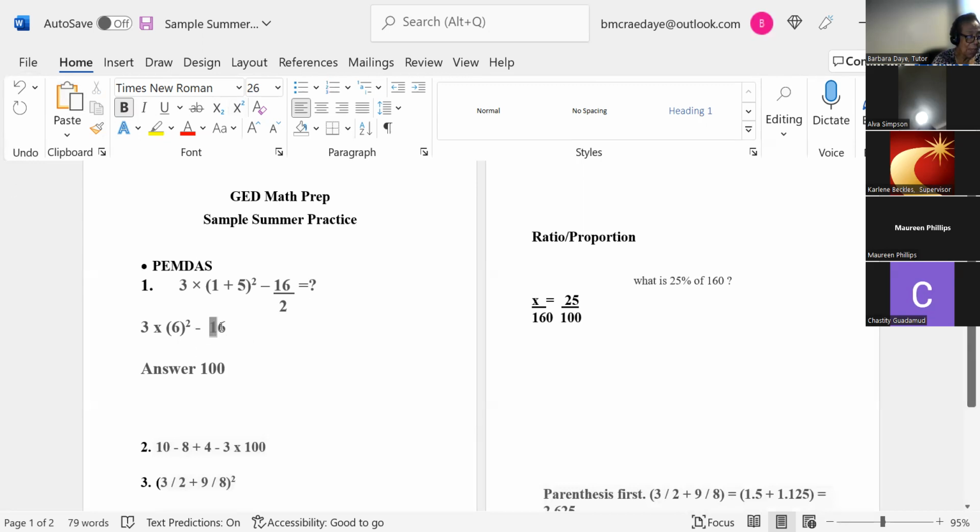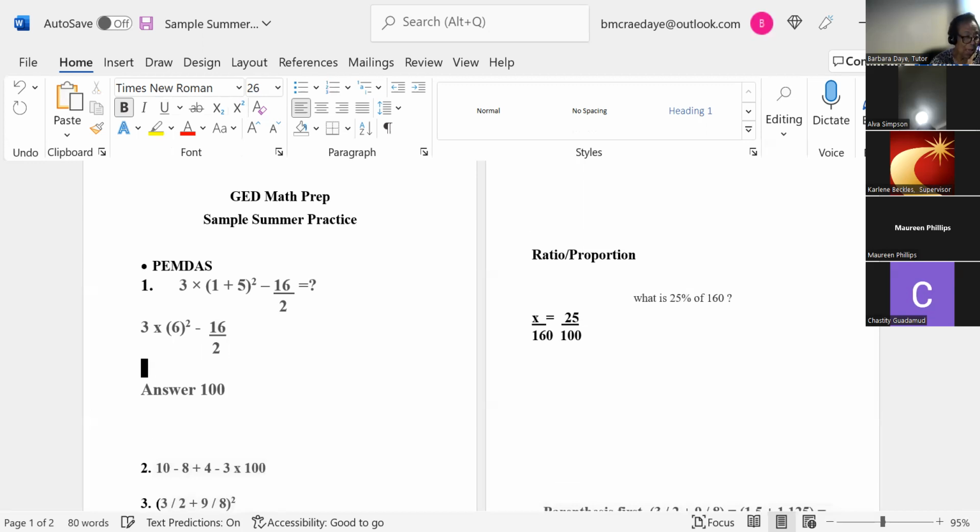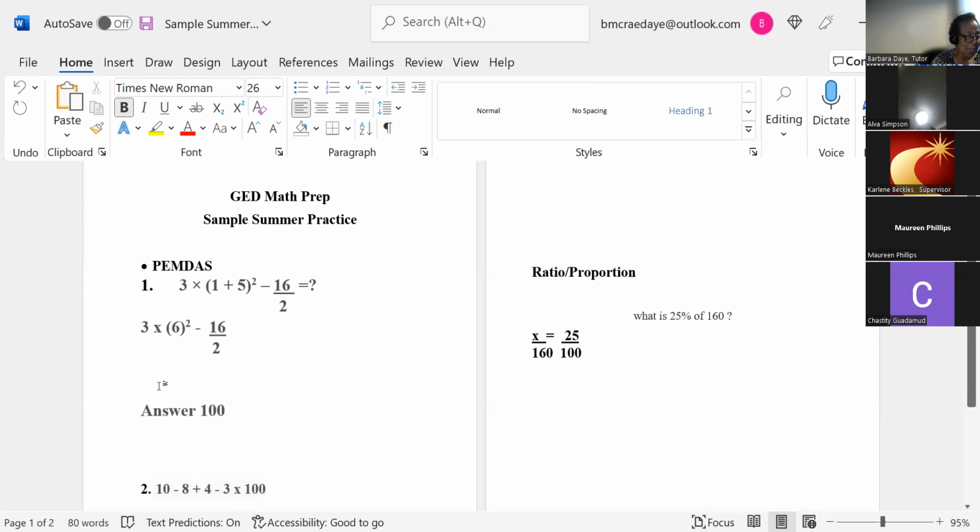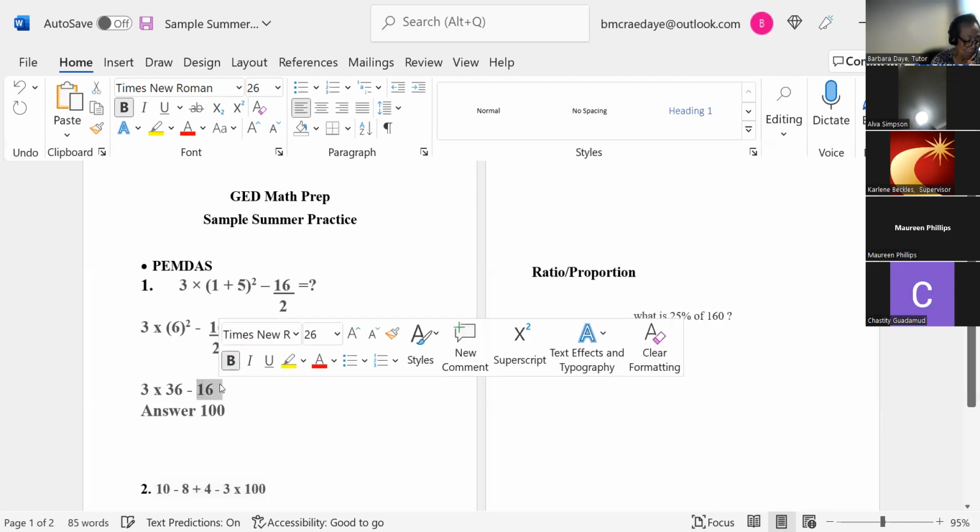Yes. Minus 16 over 2. And then now we do our exponent. So that becomes 3 times 36, right? Yes, 3 times 36 minus 16 over 2. I'm just doing it with each step, right?